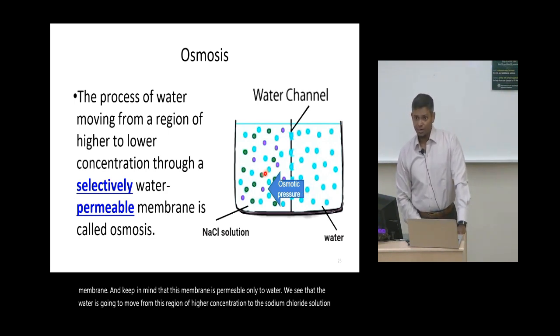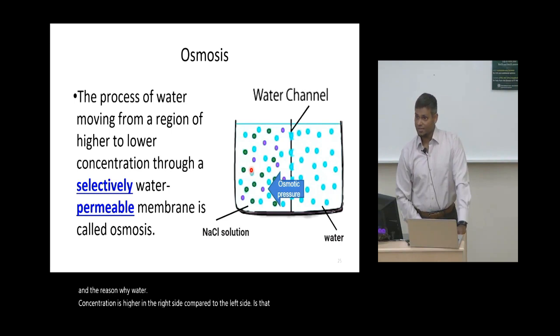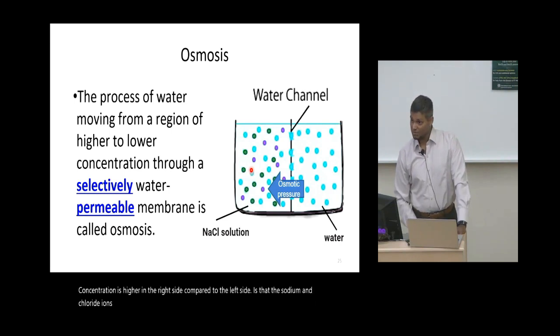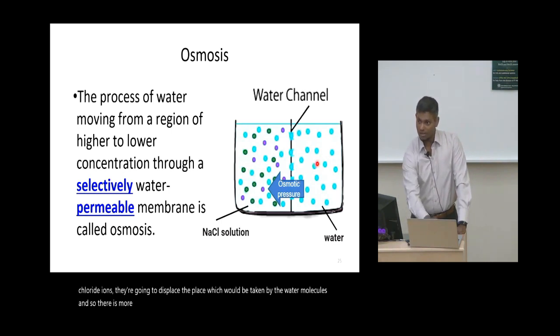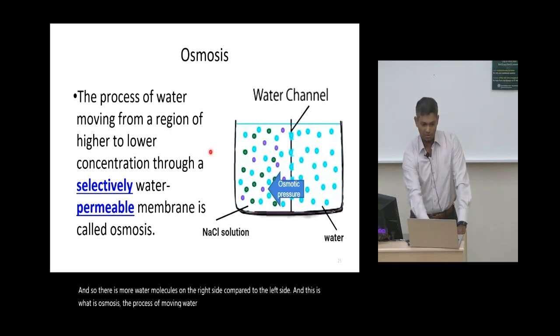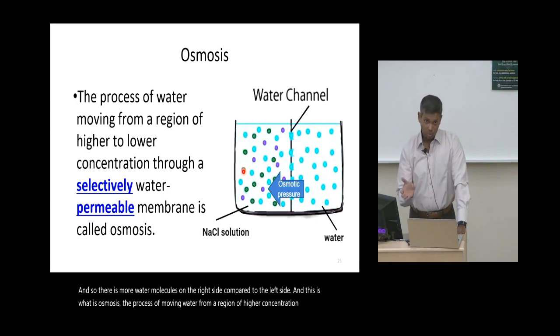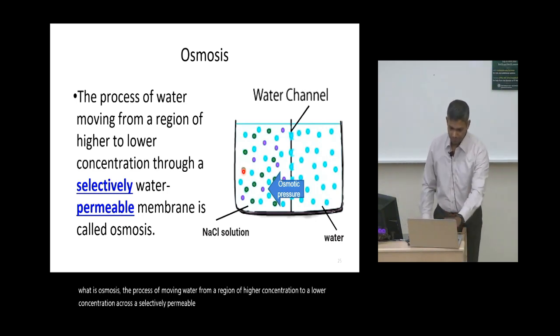And the reason why water concentration is higher in the right side compared to the left side is that the sodium and chloride ions are going to displace the place which would be taken by the water molecules. And so there are more water molecules on the right side compared to the left side. And this is what osmosis is, the process of moving water from a region of higher concentration to a lower concentration across a selectively permeable membrane.